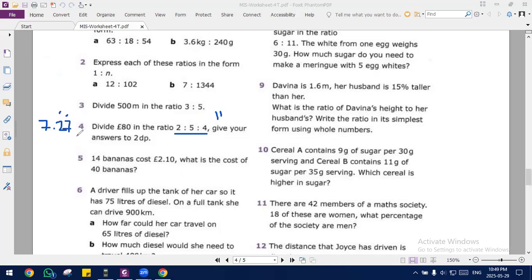Now we should multiply this value that I get with 2, 5, and 4. So first we have 7.27 times 2, 14.54.